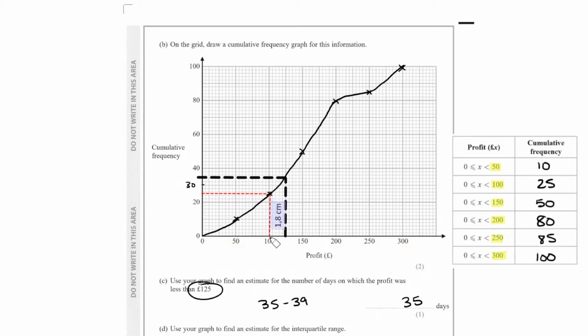So your lower quartile, this is the lower quartile here, is 100. And then the upper quartile, we said to look at 75, didn't we? So 75, so this is 70, and then halfway, so again halfway kind of between that square there.